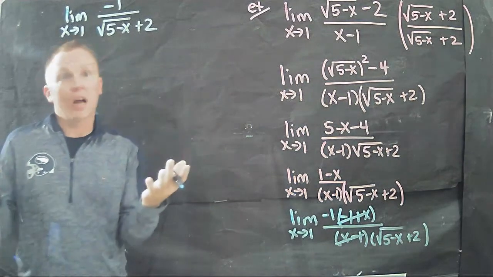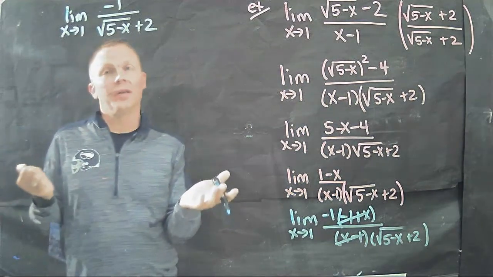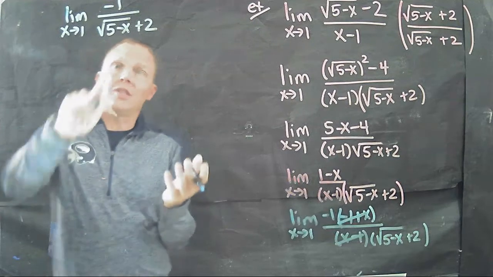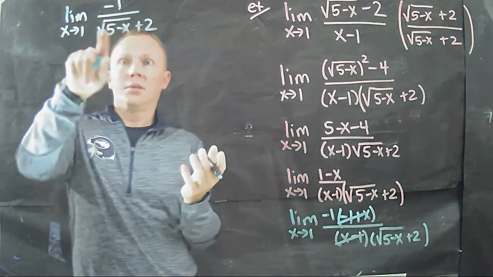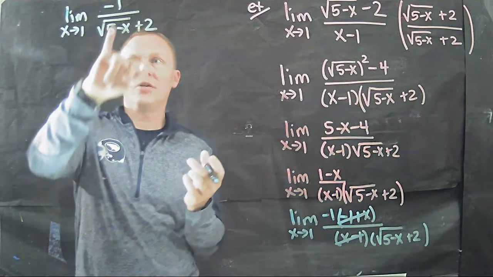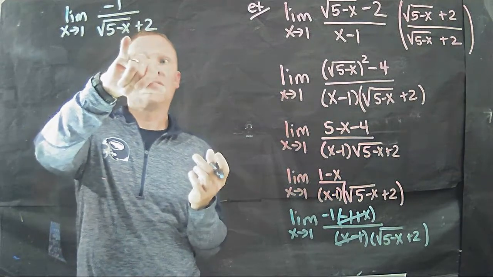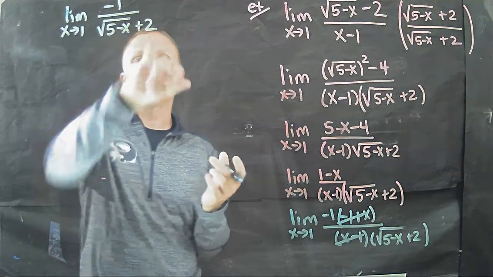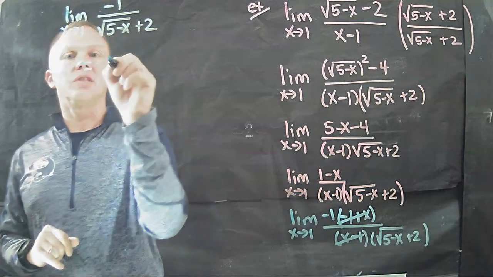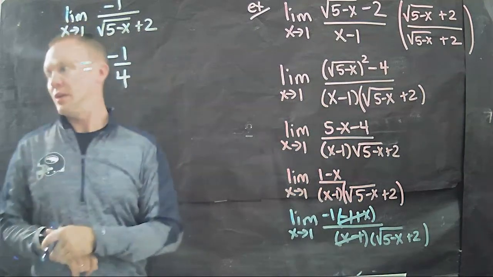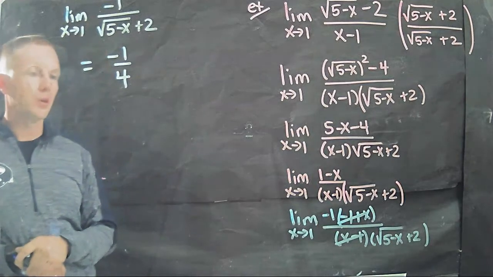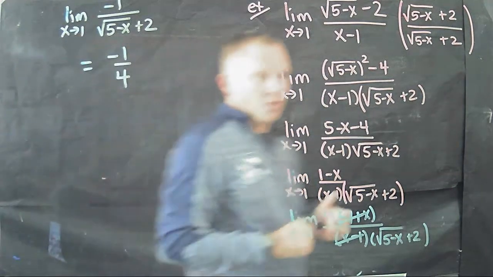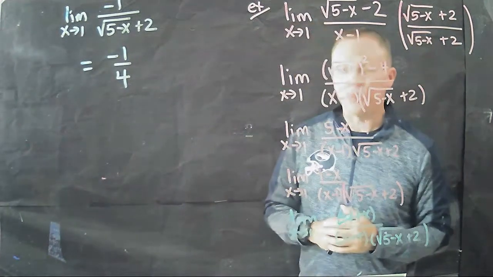And now that denominator looks like a hot mess, but it really isn't, because I can plug 1 in here and nothing falls apart. 5 minus 1 is 4. Square root of 4 is 2. 2 plus 2 is 4. So this ends up being -1/4.